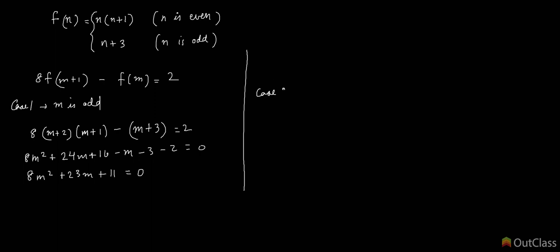Case 2, m is even. That means m plus 1 is odd, so it's going to be 8 times m plus 1 plus 3, which is 8 times m plus 4, minus f of m. f of m is m into m plus 1 because m is even, minus m square minus m is equal to 2.